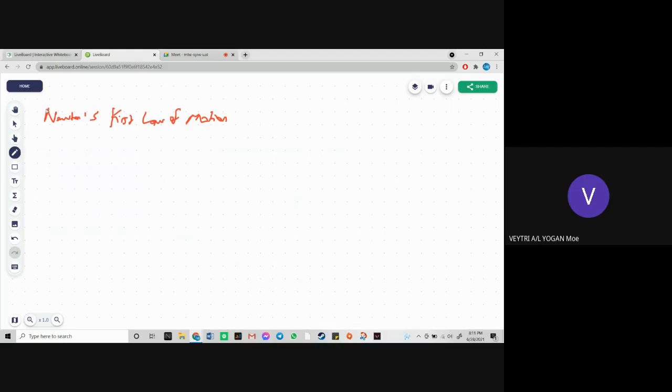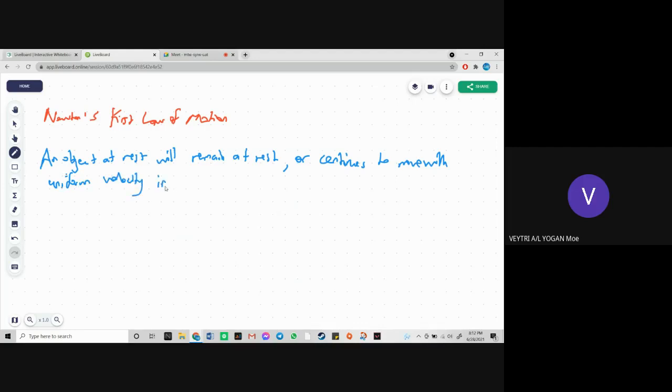motion states. Okay, so basically, Newton's first law of motion states that an object at rest will remain at rest or continues to move with uniform velocity in a straight line unless it is acted upon by an external force or forces.